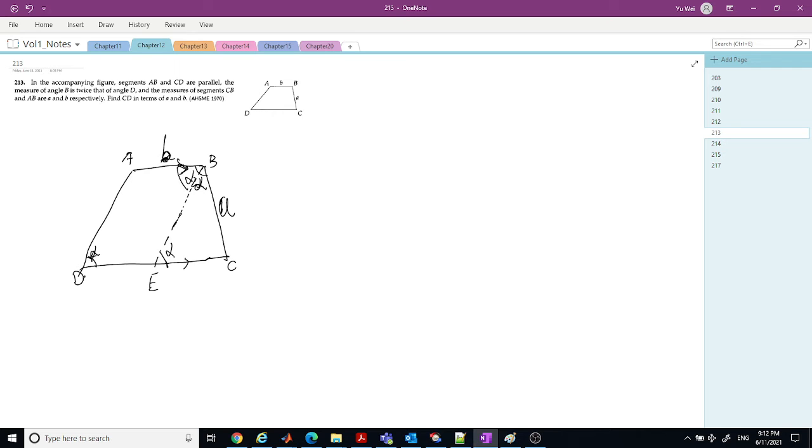So we have AD and BE at alpha, and the cutting line is DE. That means we prove AD is parallel to BE, right? And also AB is parallel to DE, right? So you see ABED is a parallelogram.